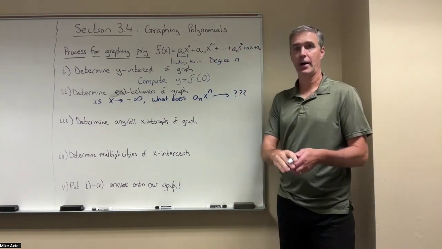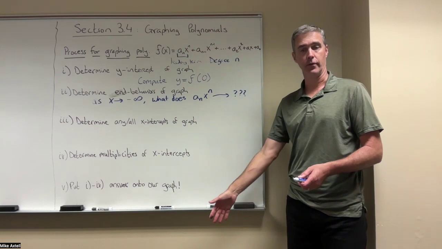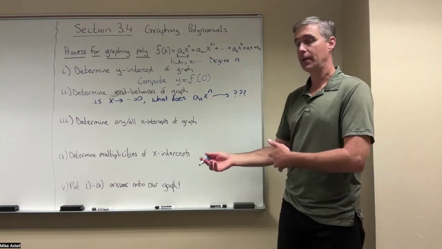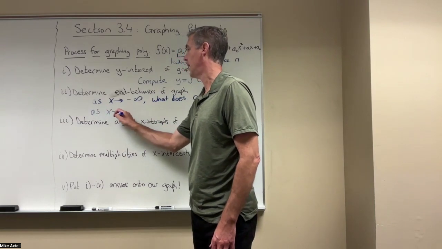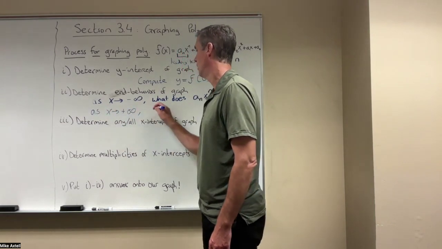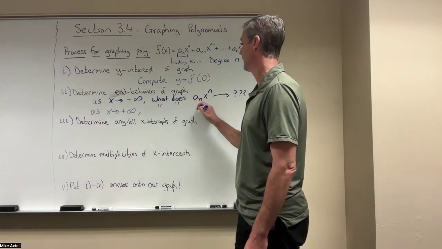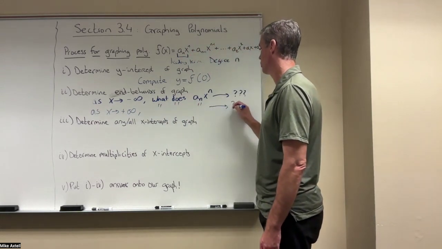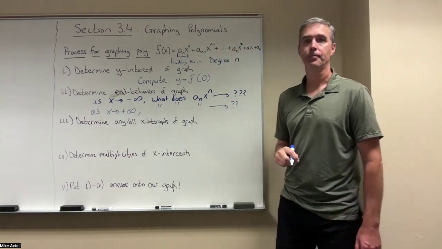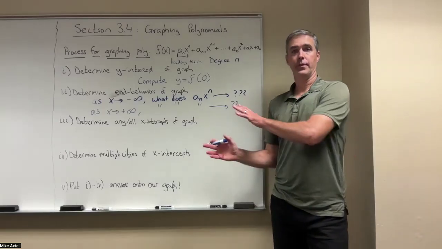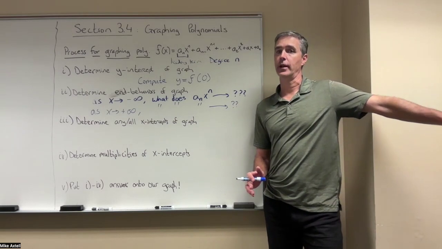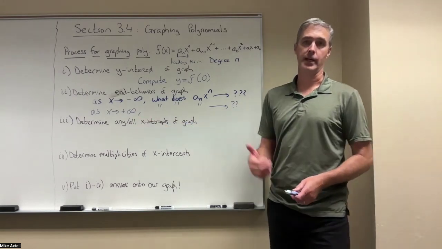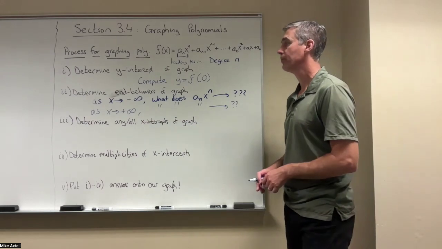Does it approach positive infinity or negative infinity? And then we'll ask the same question as x approaches positive infinity. What does that leading term approach? This will help us determine what the graph does way off to the left as the x's go down to negative infinity and way off to the right as the x's head up to positive infinity, right?